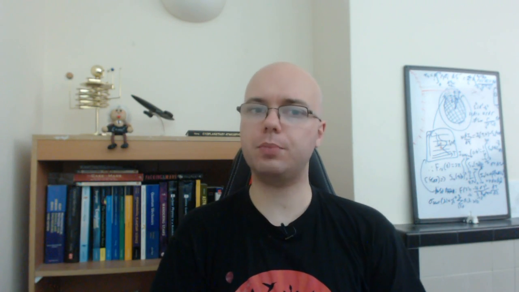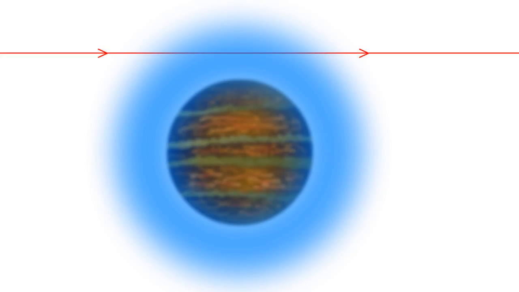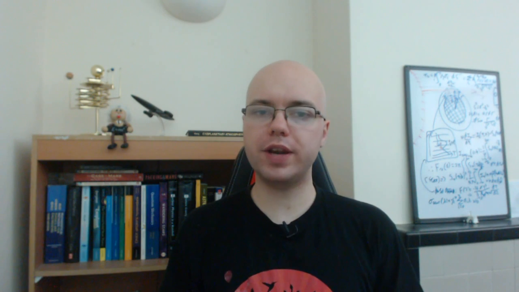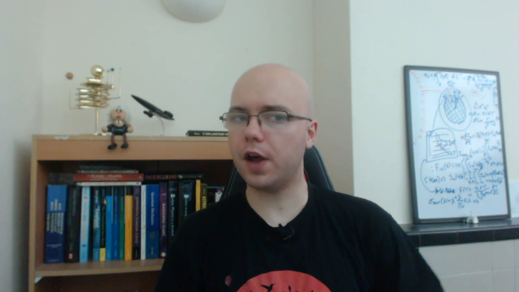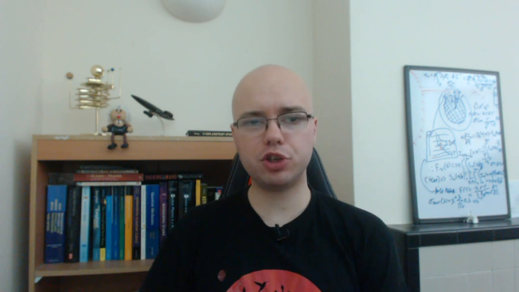Now, in the specific case of transiting exoplanets, light rays actually pass through a number of layers in the atmosphere, thus sampling a number of different temperatures and pressures.